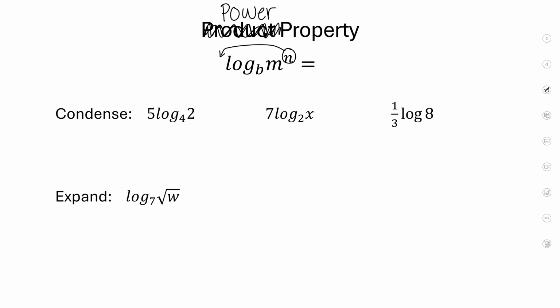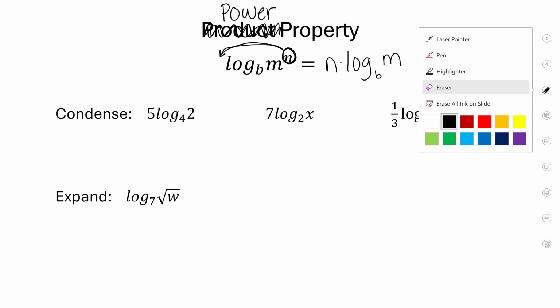So you can write it like this: n times log base b of m. The power property says your exponent can come to the front and be the coefficient. This is the power property. And vice versa. You can go from here, put the n on the top and put it back. You can go back and forth.